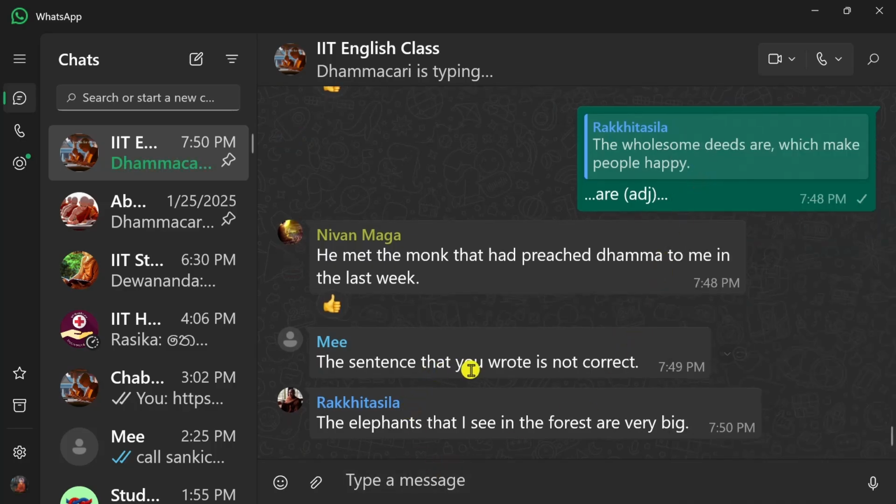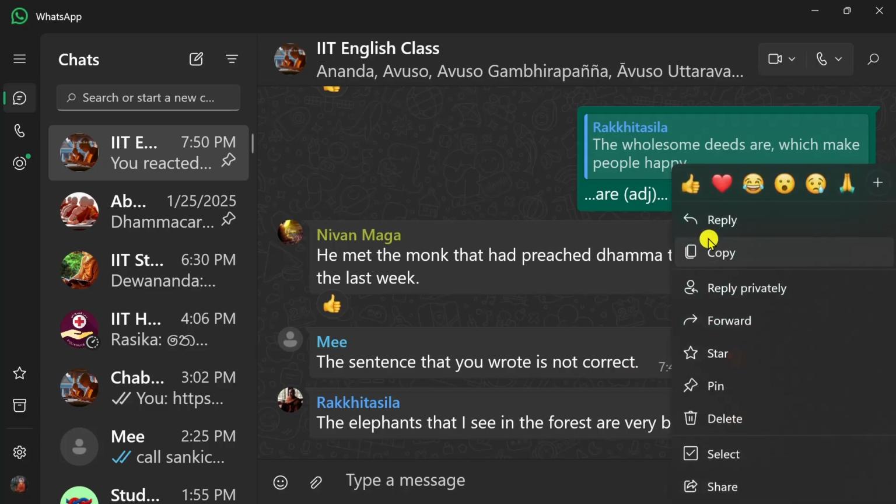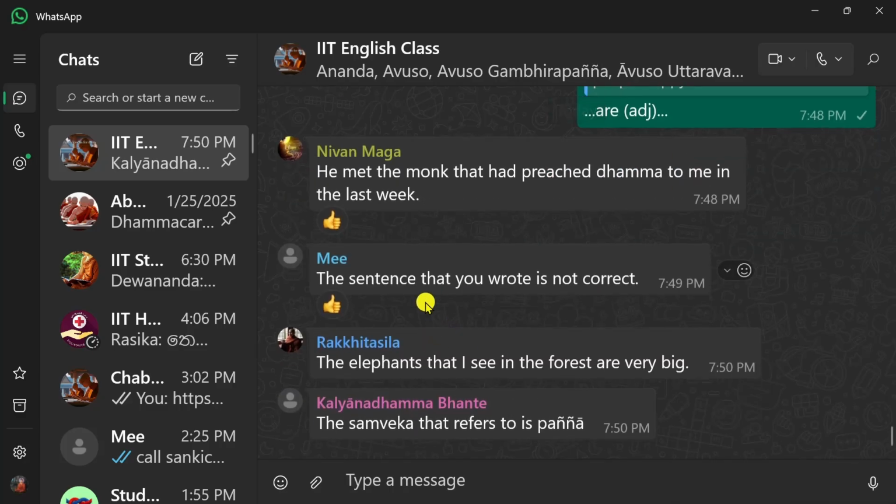The sentence that you wrote is not correct. The sentence, subject, that you wrote is the relative clause, is not correct. Could you remove this that or not? Can. The sentence you wrote is not correct.